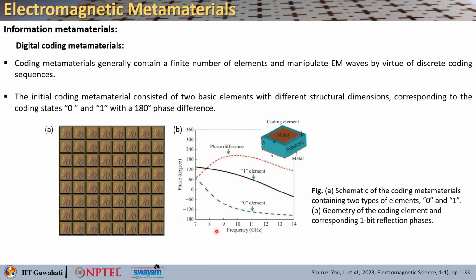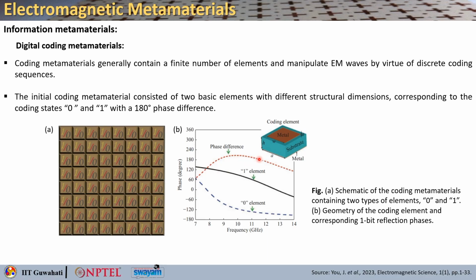Here the frequency range of interest is from 8.1 gigahertz to 12.7 gigahertz, where you can have around 180 degrees. Exactly 180 degree phase difference is there at 8.7 and also at 11.5 gigahertz.